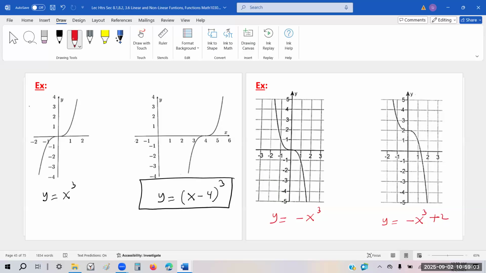So this is the original x cubed. That means it cannot be only x cubed. It has to be the reflection of that cube. So negative x cubed. And now that negative x cubed, that origin, you want one up, two up. So it's a negative x cubed, and then a plus 2.